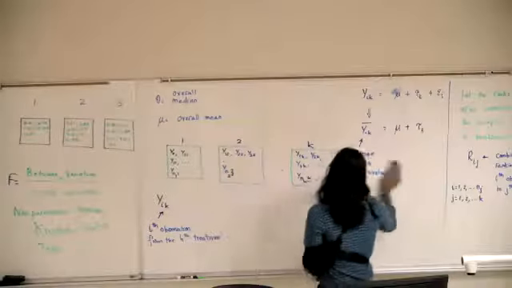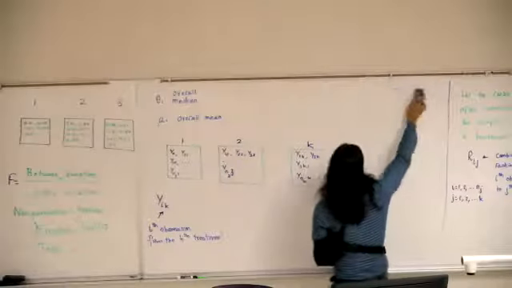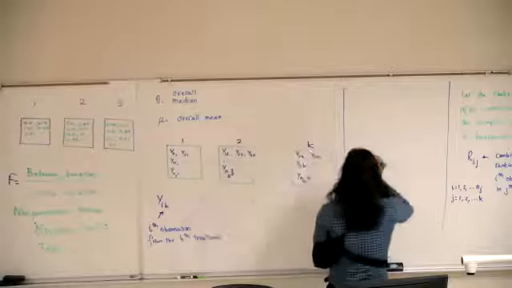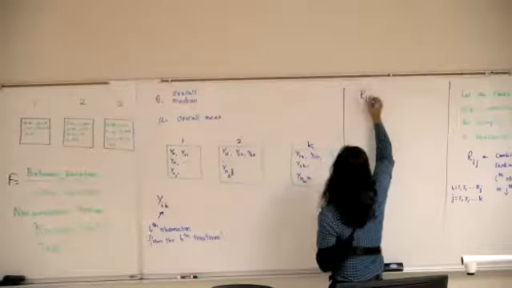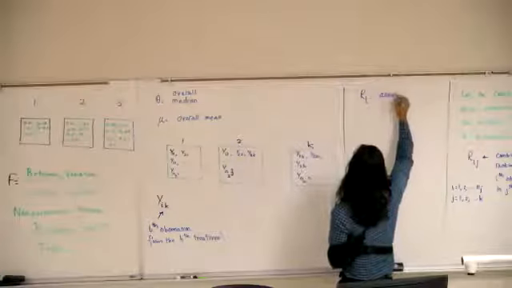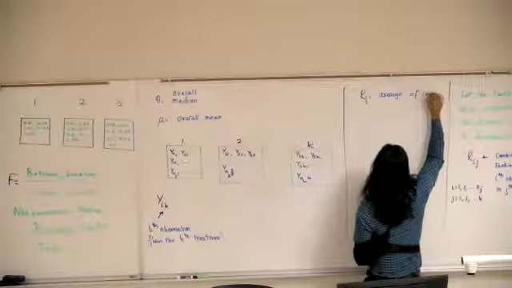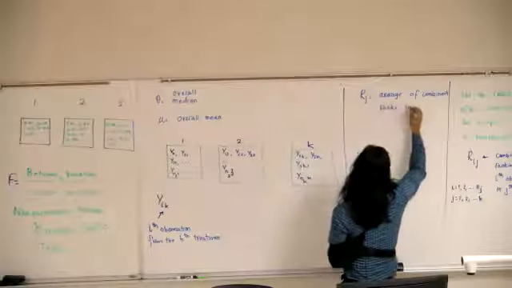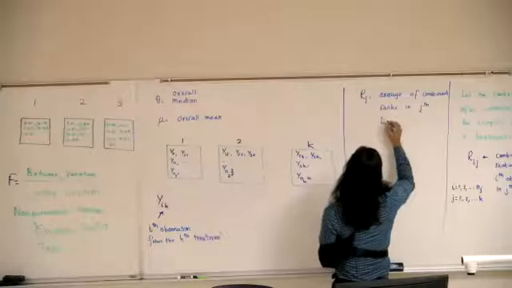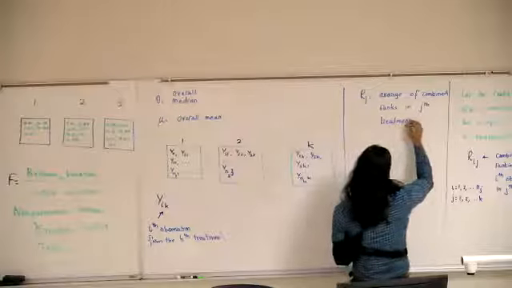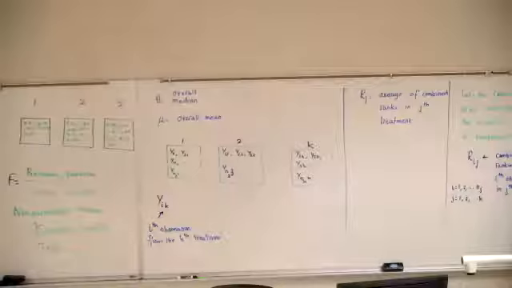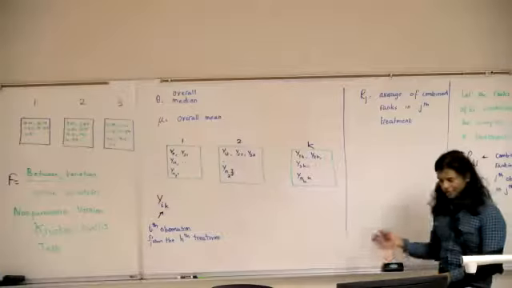Say R_J is simply the average of the combined ranks in the jth sample, for the jth treatment.